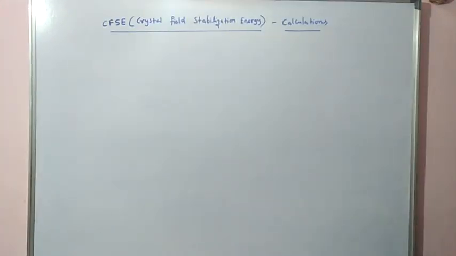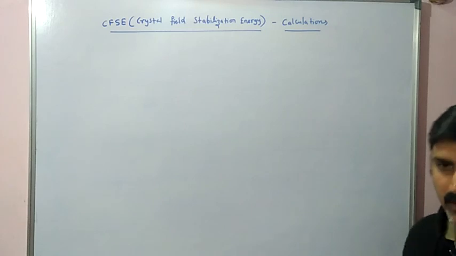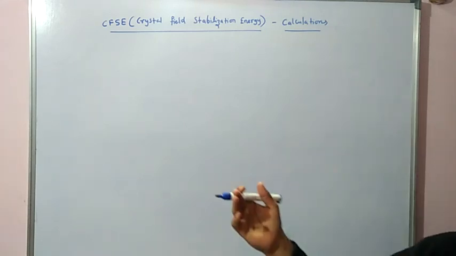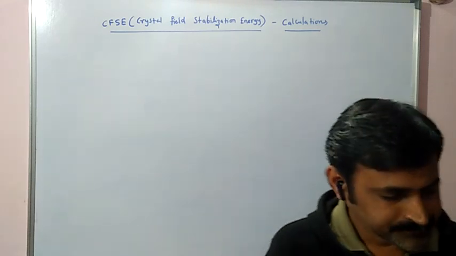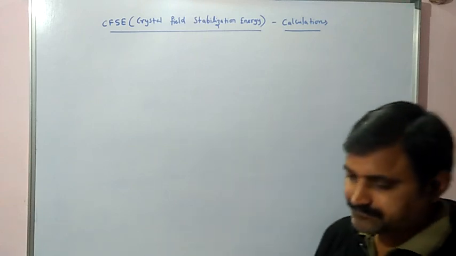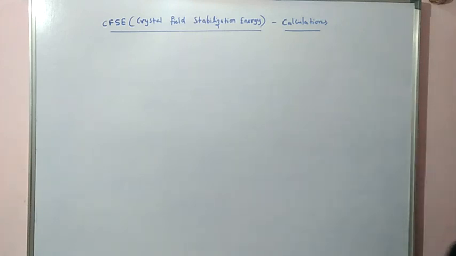As you all know, CFT is nothing but crystal field theory, talking about the influence of ligands. Six ligands are there, or four ligands are there. The central metal is going to experience different kinds of repulsions.